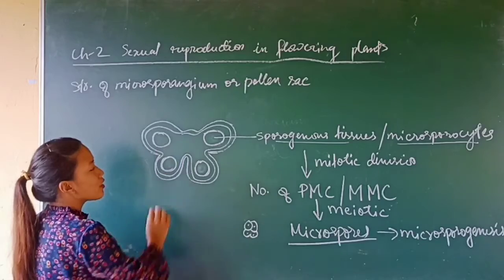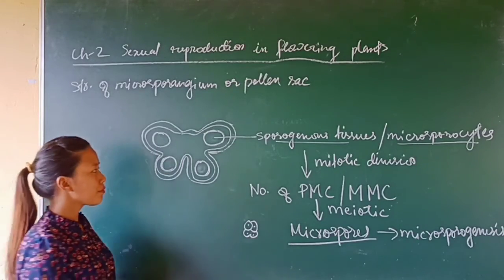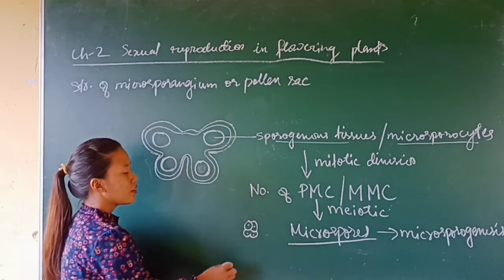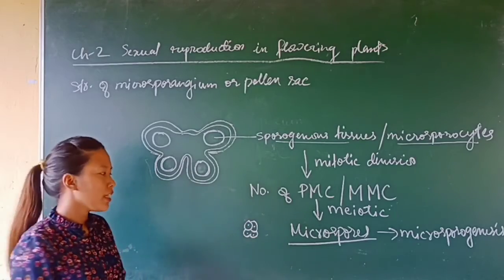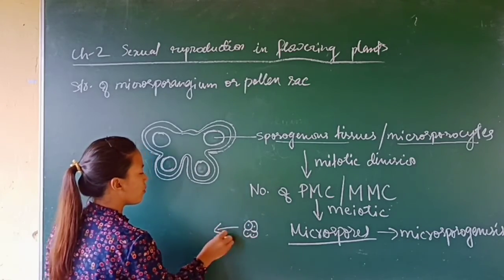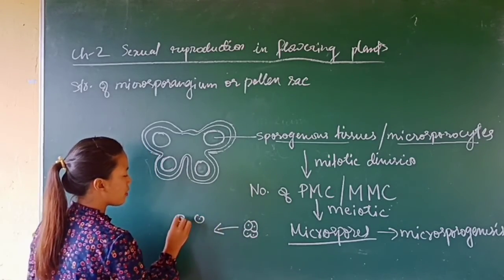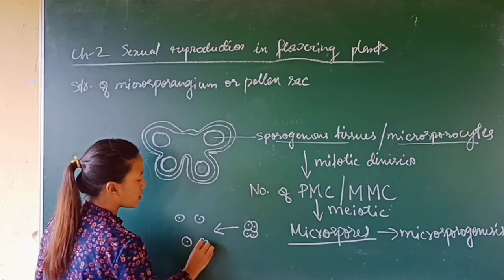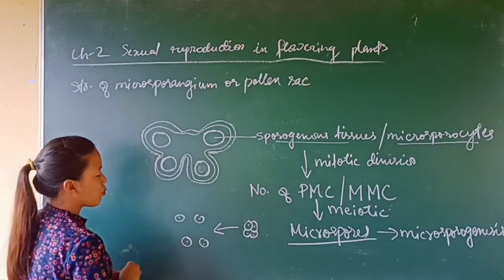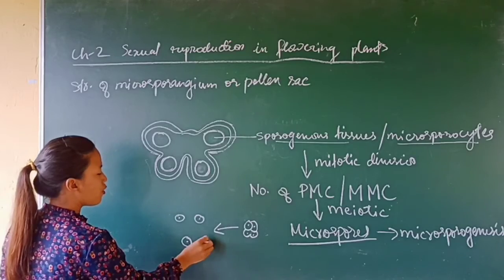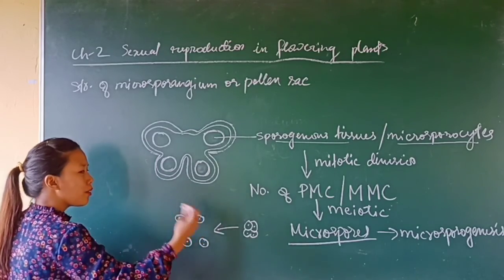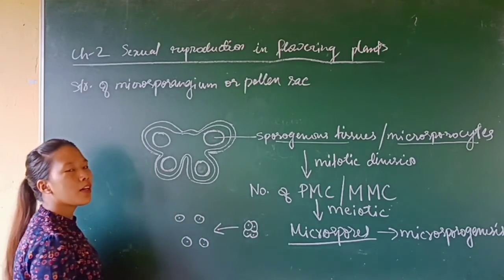As the anther matures, the microspore tetrad will separate from each other and form single microspores. Later on, these microspores mature and become pollen grains.